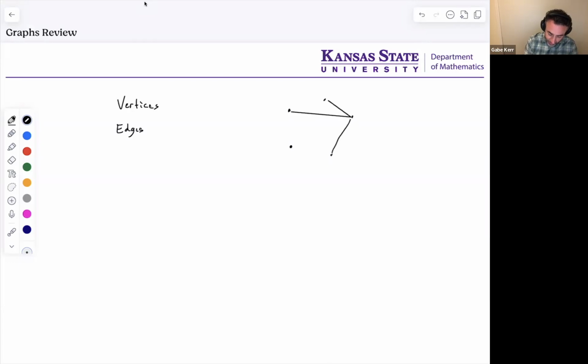That's what we typically want to write when we're writing a graph. Sometimes these edges cross, and so you have to be a little bit careful about what your vertices are. They're not the crossings, but rather just the dots. So let's say A, B, C, D, E.